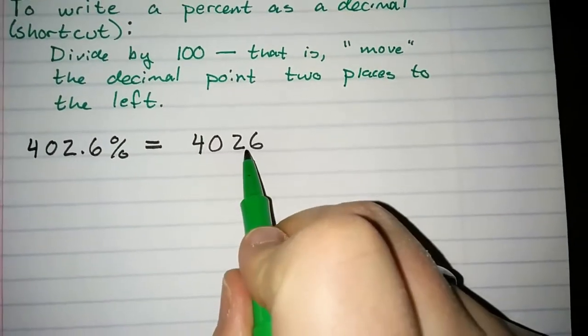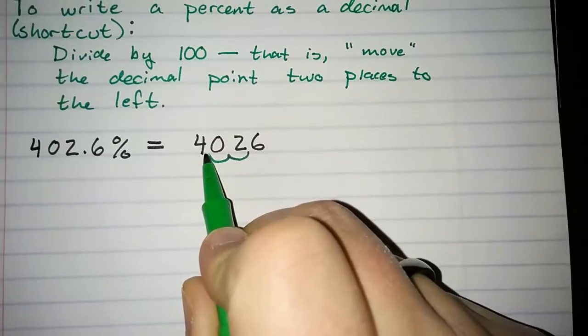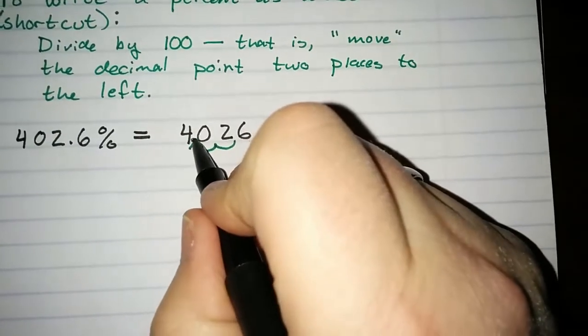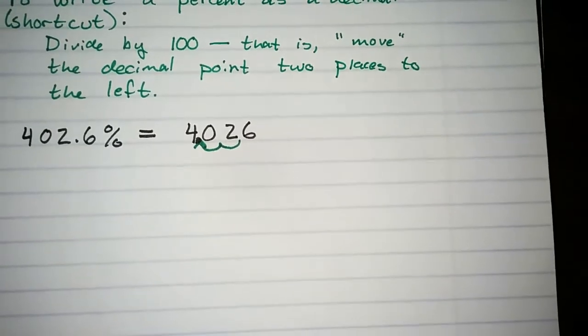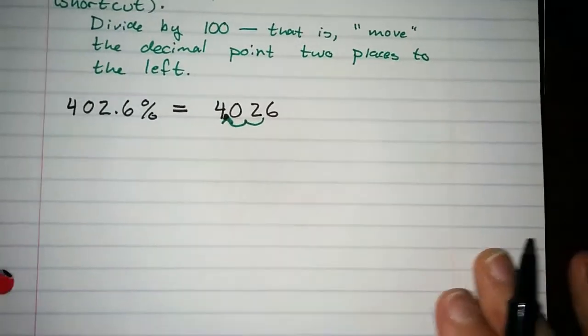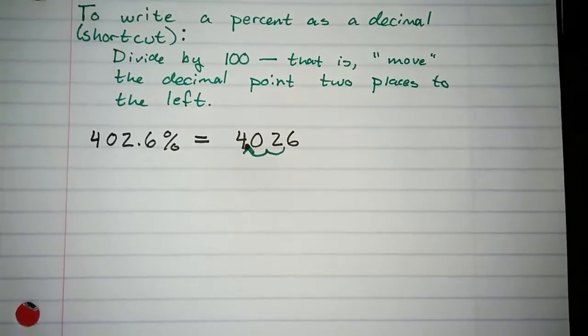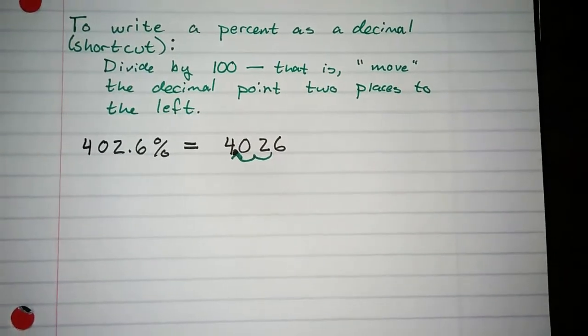But instead of having 1 digit to the right of the decimal point, it'll have 3. 4.026.